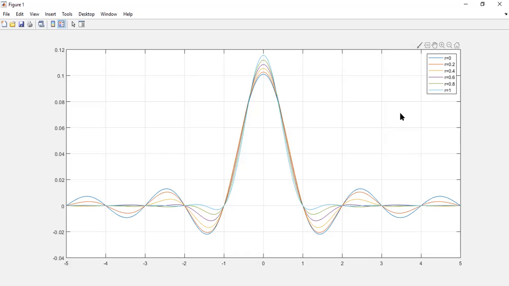It's a negligible value. And when you go for r is equal to 0.8 or r is equal to 1, what we can observe is that even the very first main lobe is almost negligibly reduced. That means that as soon as you go for higher roll off, what we can see is a practically time limited signal, right?